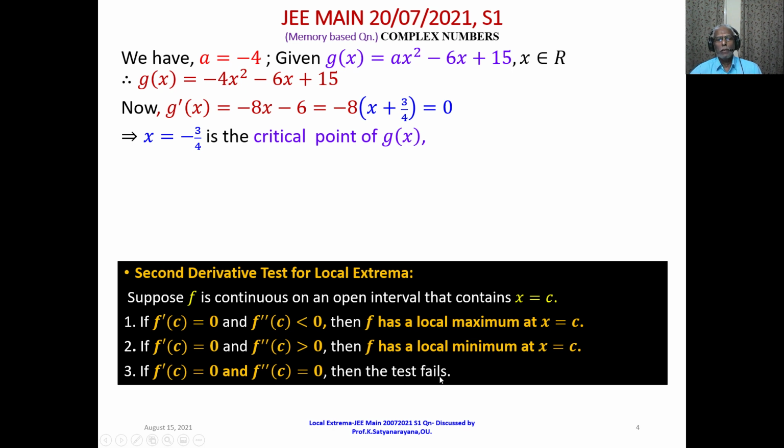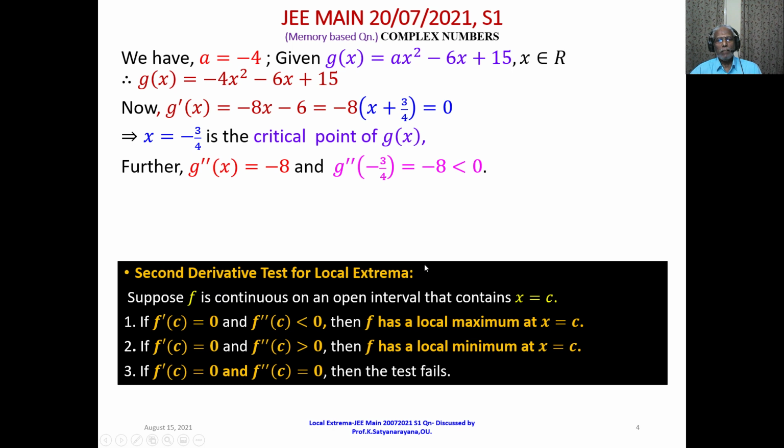Now let's get back to our discussion, and we have the critical point minus 3 by 4, that is c. Further, g double prime x is equal to minus 8, and g double prime at minus 3 by 4, the critical point, is minus 8, which is negative.